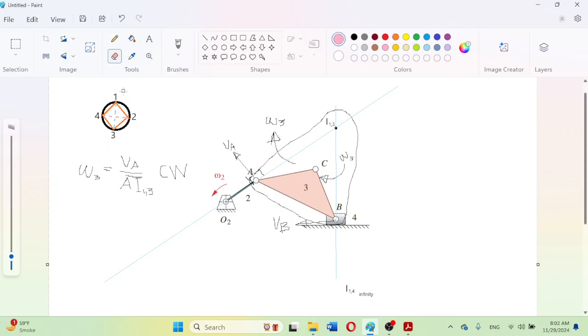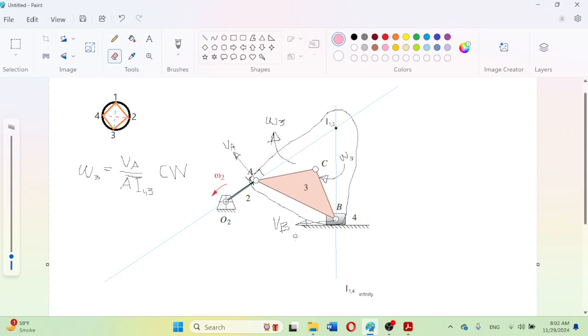As we observe, the instant center 2,4 will be located on the line connecting the permanent instant centers 1,2 and 1,4, and on the line connecting the instant centers 2,3 and 3,4. For the case of the slider, if we use the upper trio, then instant center I1,2 is here and instant center I1,4 is at infinity.